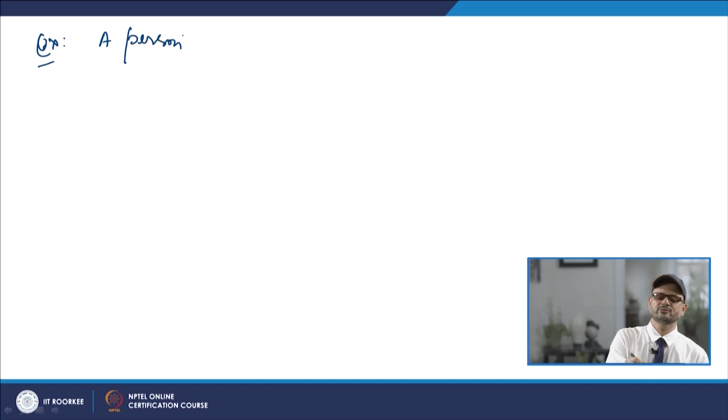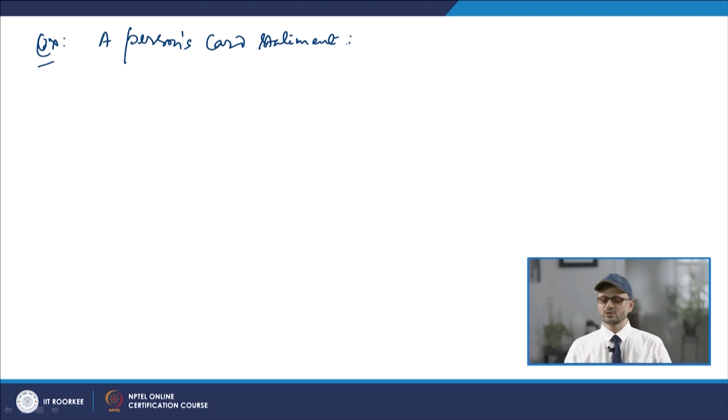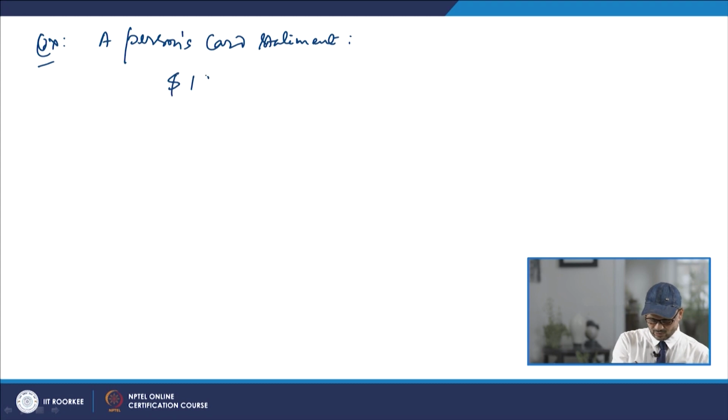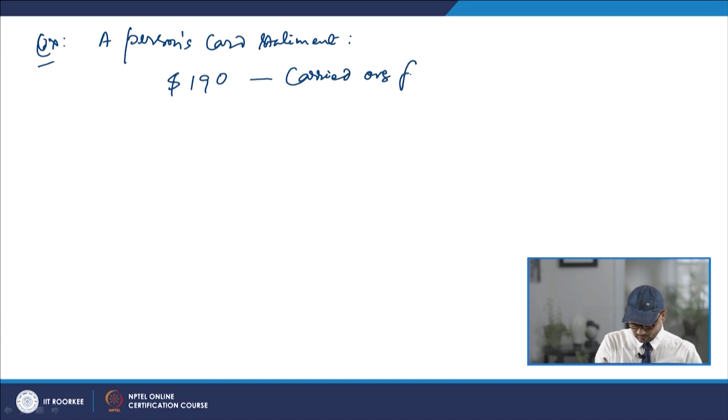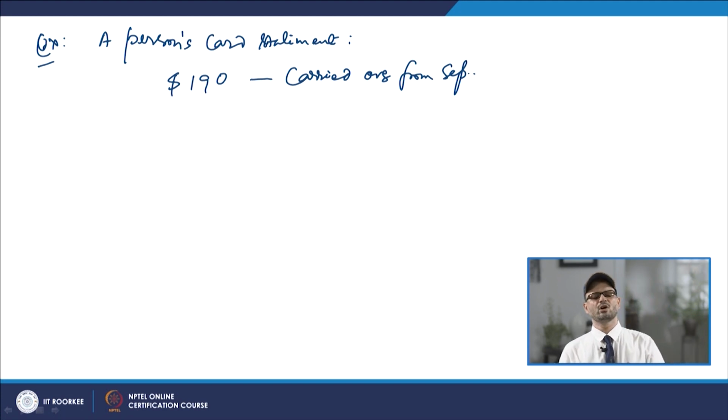You must be very familiar with these things, because everyone nowadays has credit cards, and you get these statements from the credit card companies. So the statement reads like this: suppose it has $90 carried over from September, which gives $190.